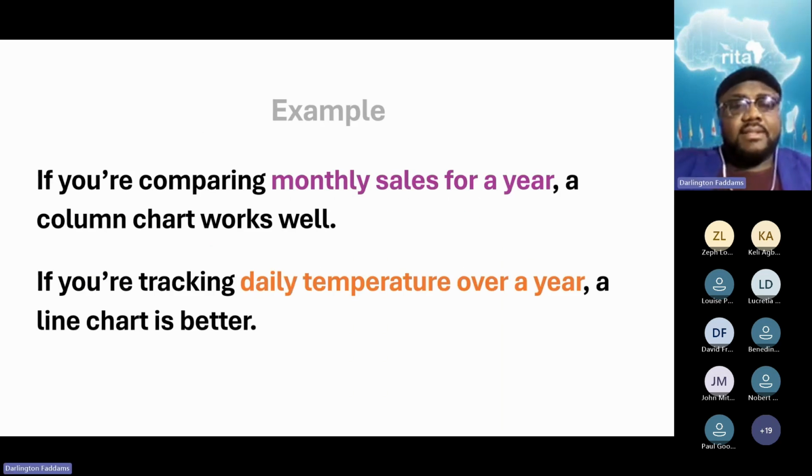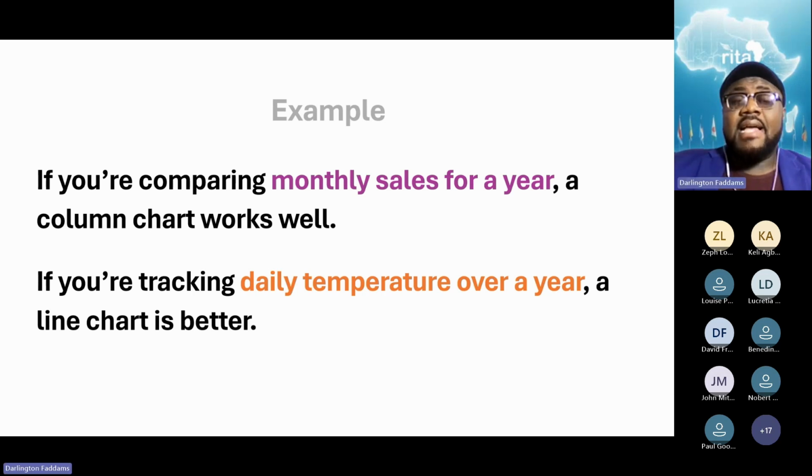Let's look at this example. If you are comparing monthly sales for a year, a column chart works well because there are only 12 months. If you are tracking daily temperature over a year, a line chart is better. Imagine you are tracking daily temperature over a year.